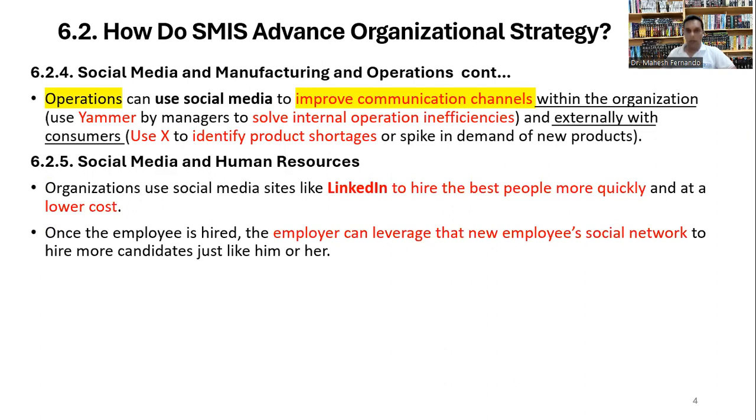Human resource departments basically follow the LinkedIn profiles of the people in the industry, and they might go after them and pick them for positions that might be vacant in the organization. Once the employee is hired, the employee can leverage a new employee social network to hire more candidates just like him or her. That's a very common thing in the industry nowadays.